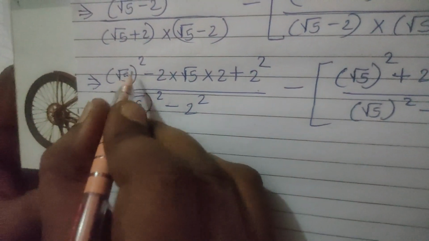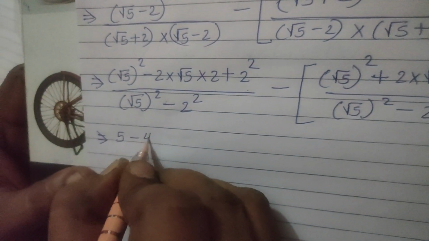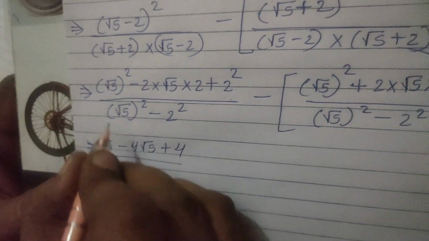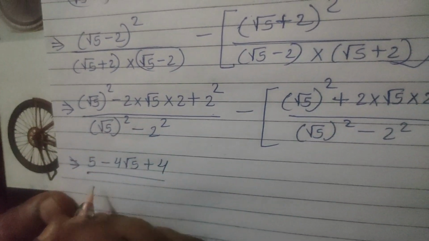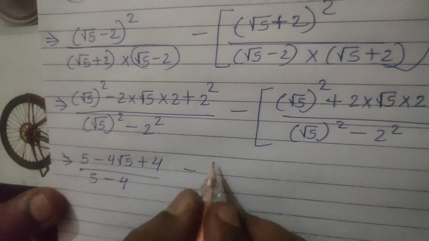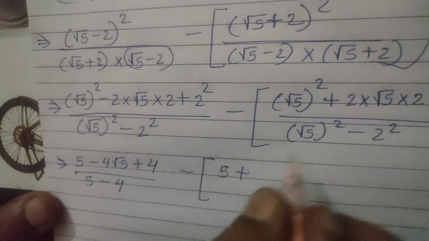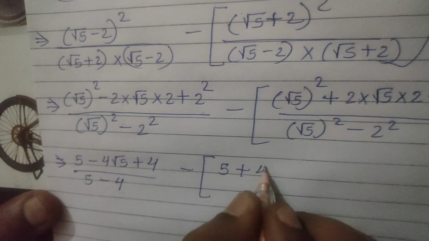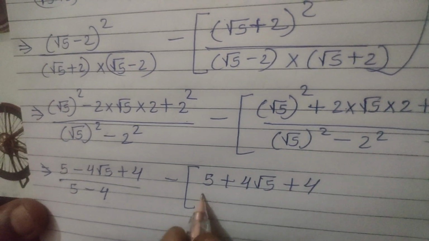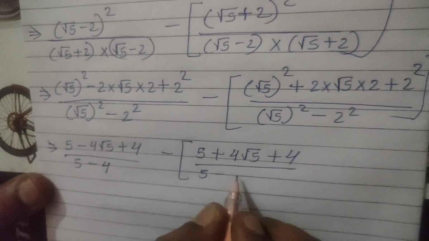Now root 5 square will be 5. Here 2 into 2, 4, 4 root 5, and 2 square will be 4, upon root 5 square will be 5, and 2 square will be 4, minus. Now root 5 square will be 5, plus 2 into 2, 4, so it will be 4 root 5, plus 4, and the denominator will be root 5 whole square will be 5, and here 2 square will be 4.